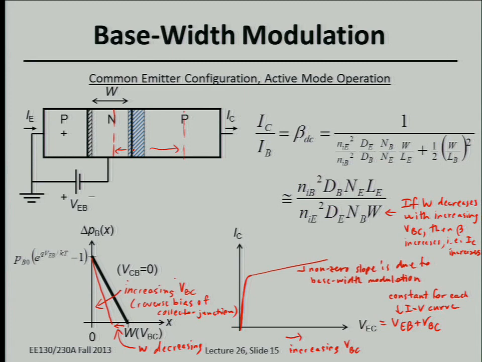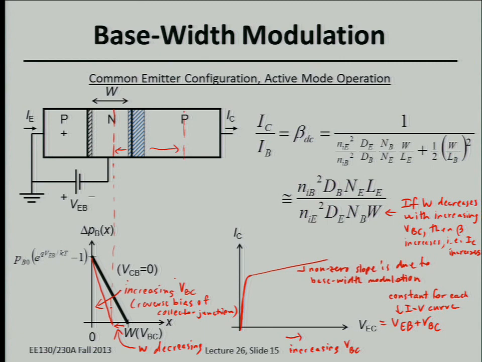So as I indicated here, going to the right on this IV plot, larger VEC means larger VBC, which means larger reverse bias on the collector PN junction. If you're changing the width of the depletion region, then you're causing the excess minority carrier concentration to go to zero sooner, across a shorter distance.